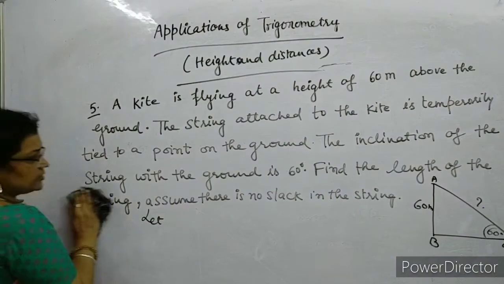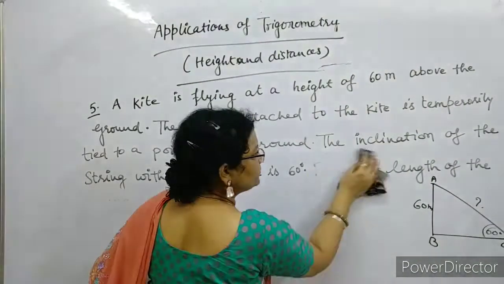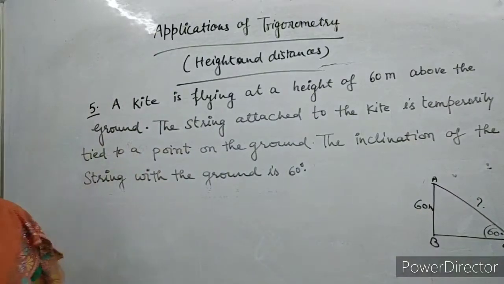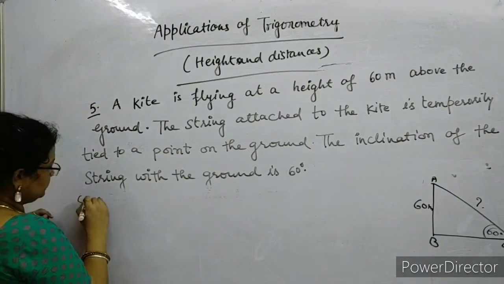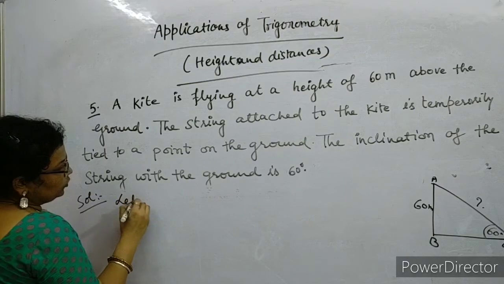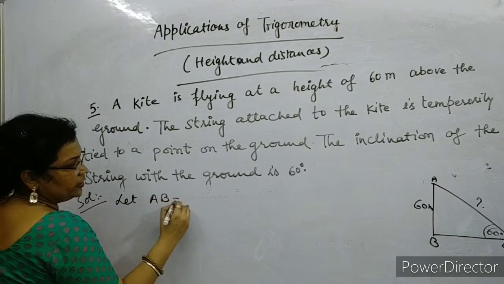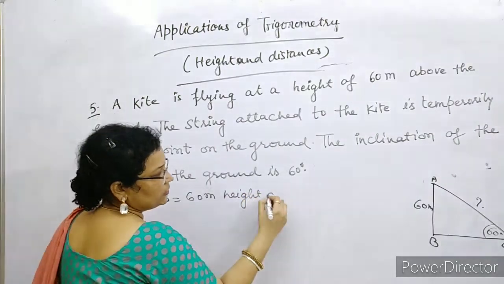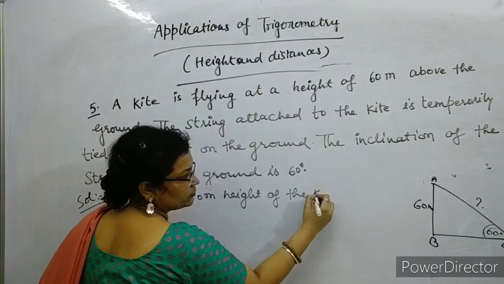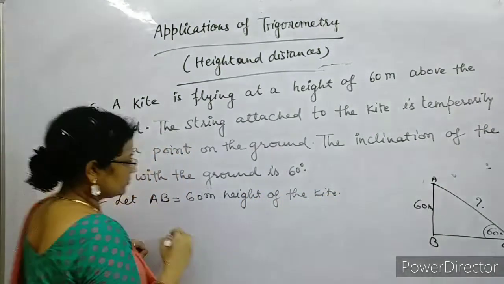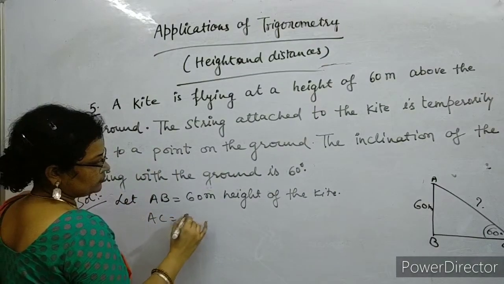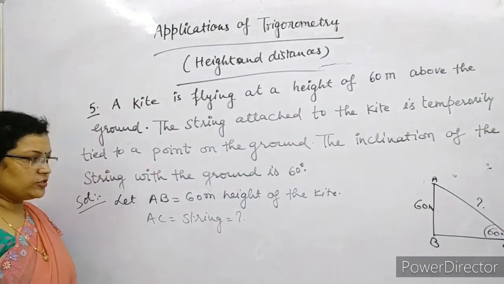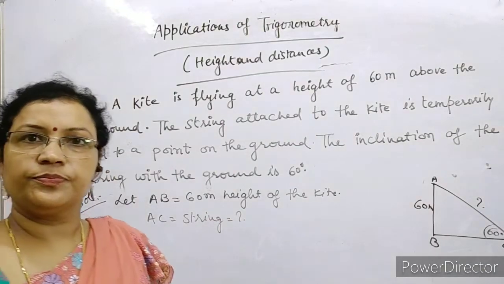We will erase the last part of the question so that we can have enough space for the solution. So let AB equal 60 meters, and AC equal to the string that we have to calculate.